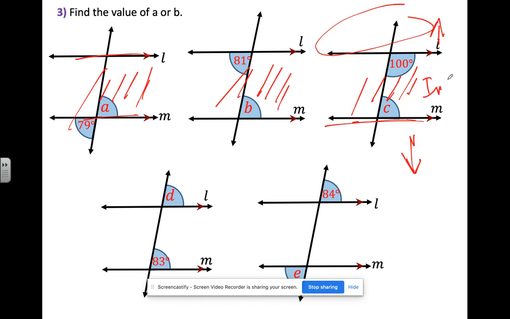So here is interior, or inside, and here is called exterior, the outside.